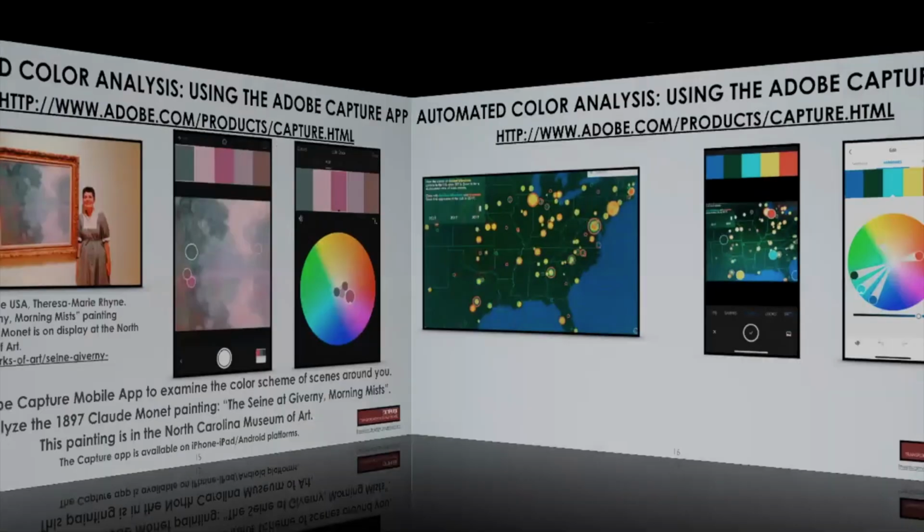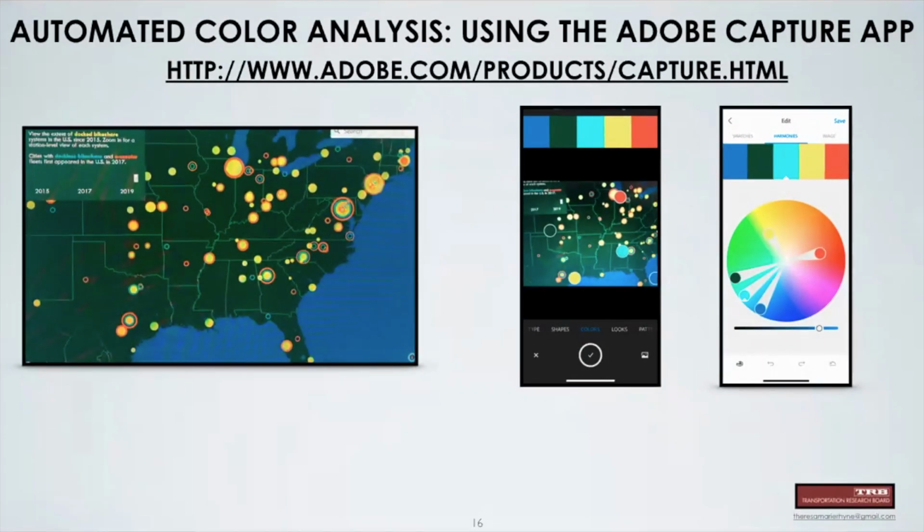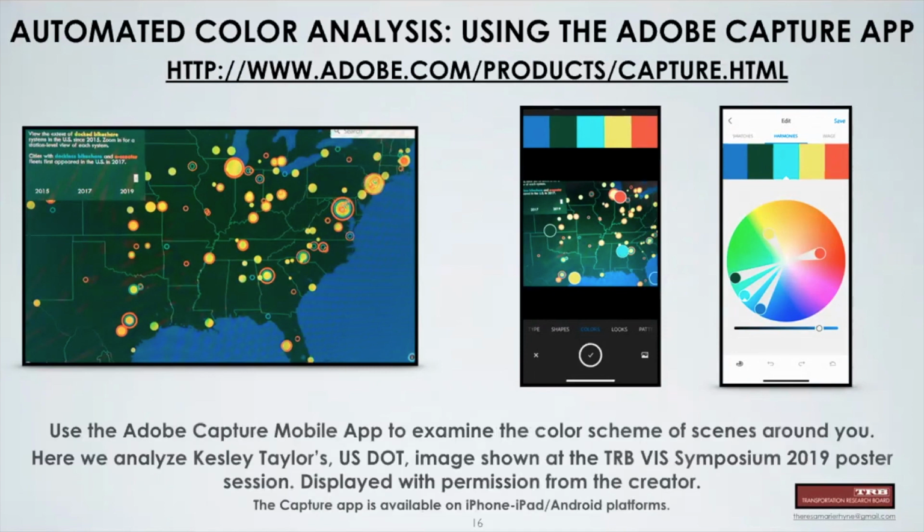Take as many pictures as you want to. So we're down at the poster session, right? And you see something you really like. You take that Adobe Capture app, you go up to it, you click like somebody just clicked here today, and you study it. And there's your color app. And then if you're like me, you say, Kelsey, can I please use your image up here?